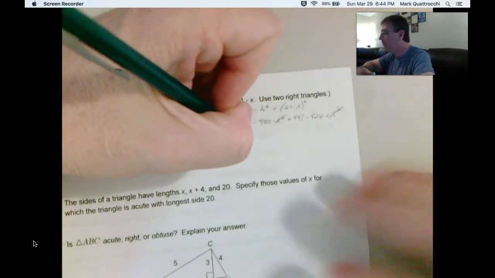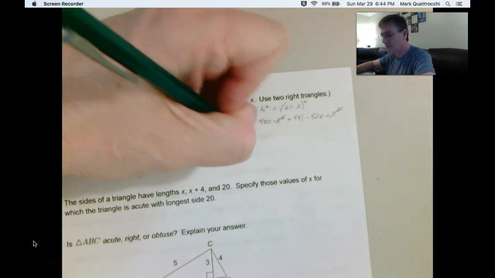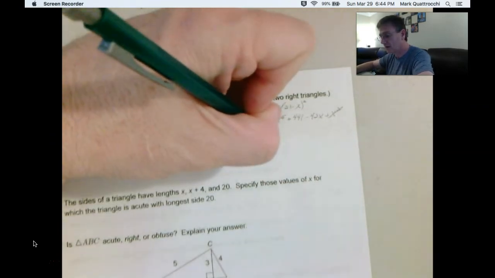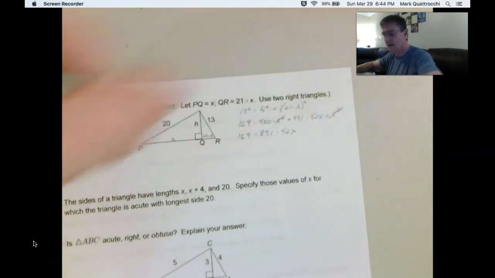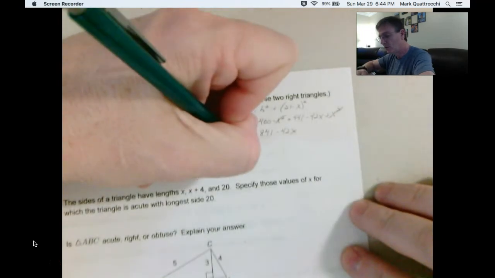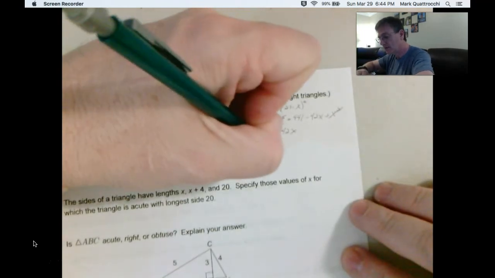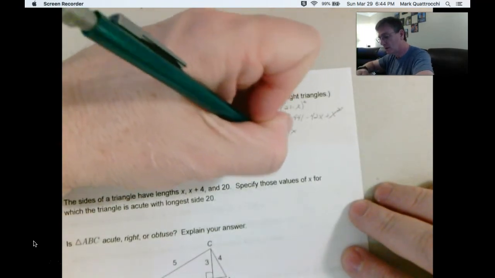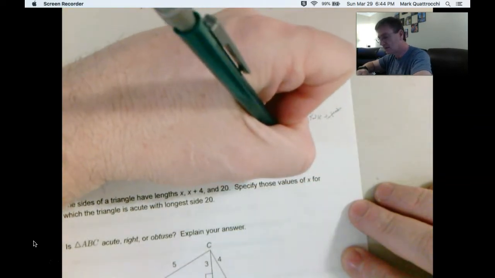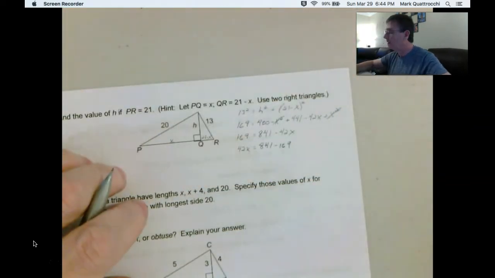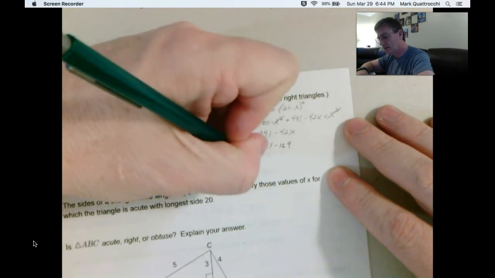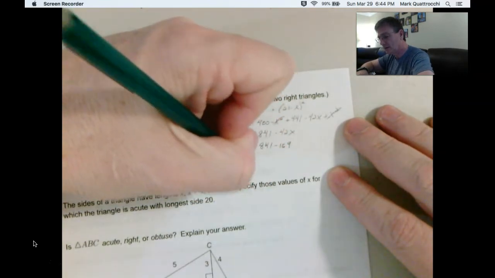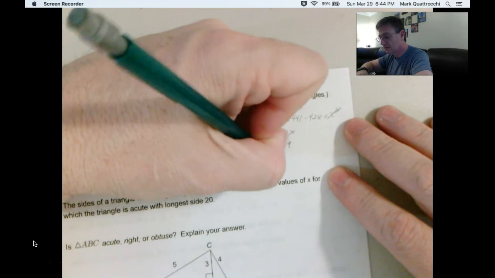So 169 equals 841 minus 42x. 42x equals 841 minus 169. 841 minus 169 is 672. 42x equals 672.